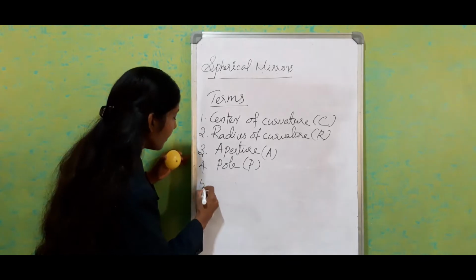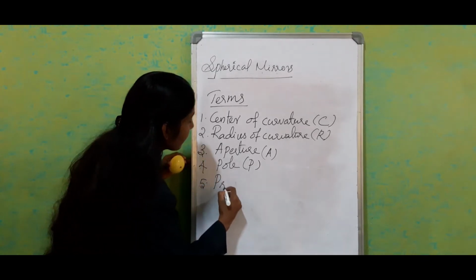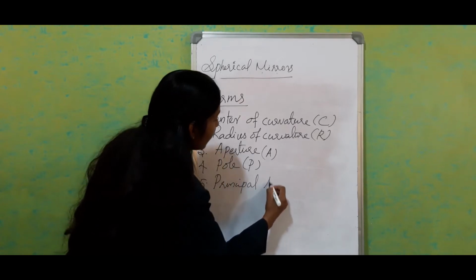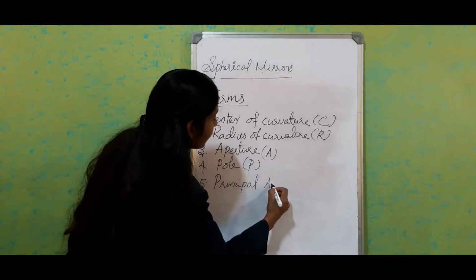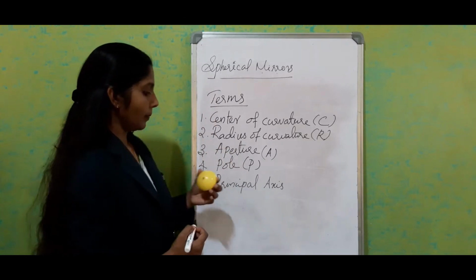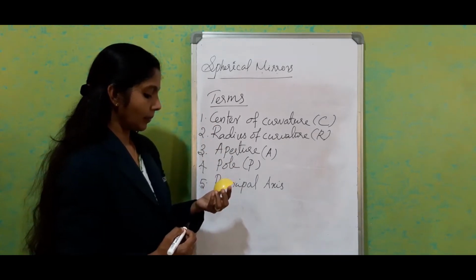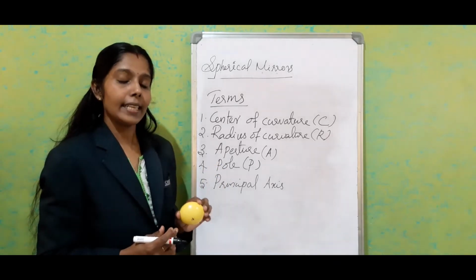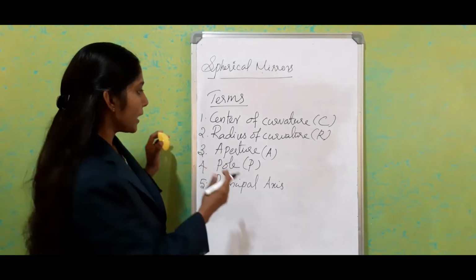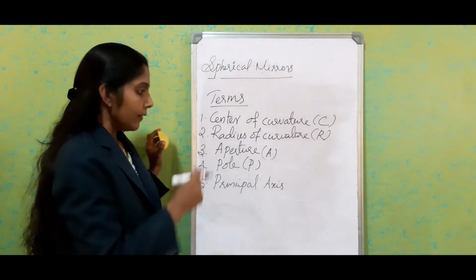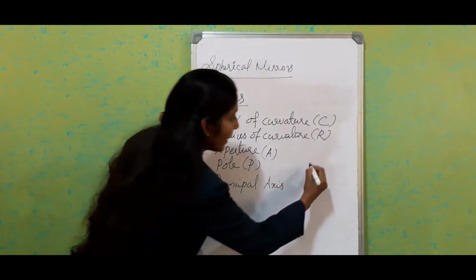Our next term is principal axis. The principal axis is an imaginary line which passes through the center of curvature and the pole. With a diagram I will show how it is.